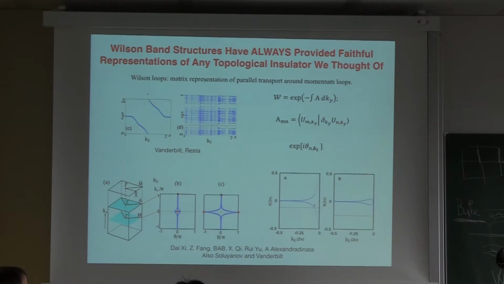What you do is you take your Wilson loop at ky equals 0, which is perpendicular to the 0, 1, 0 surface. You continue it up to ky equals 2 pi.